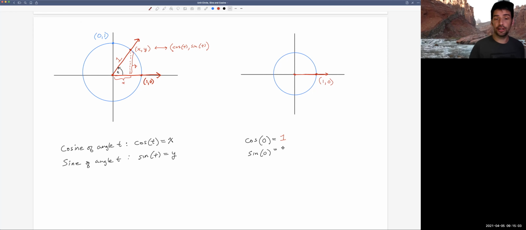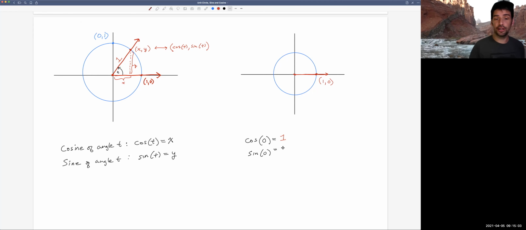Let's do one more. Let's take something like sine and cosine, I don't know why I switched orders, of 3 pi over 2. Well, let's remember where 3 pi over 2 is. I'm dealing in radians here.